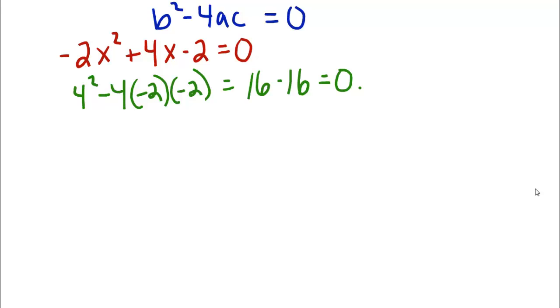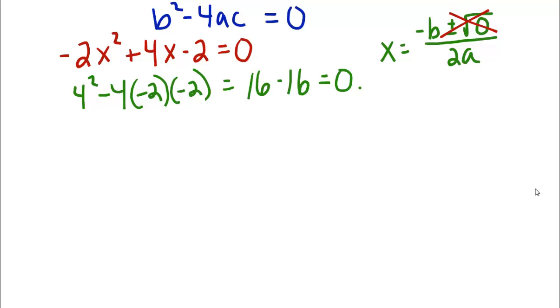Think about what that means in our quadratic formula. We now have x equals negative b plus or minus the square root of b squared minus 4ac, which in this case is 0, all over 2a. What is the square root of 0? That's just 0. So this becomes just negative b over 2a.